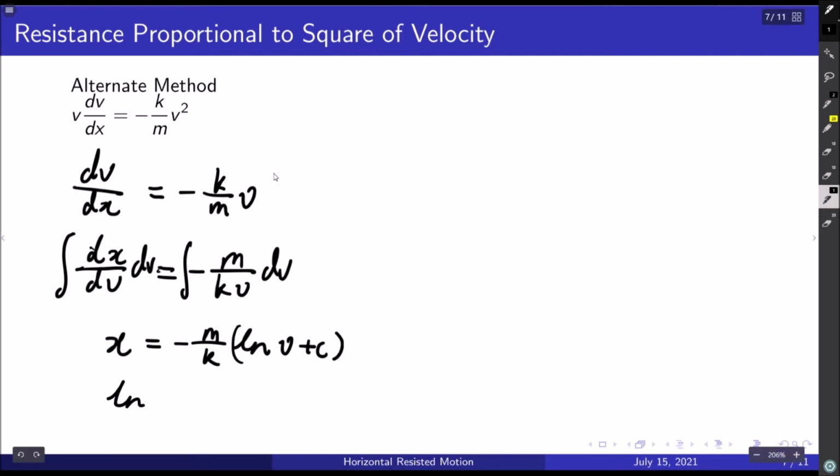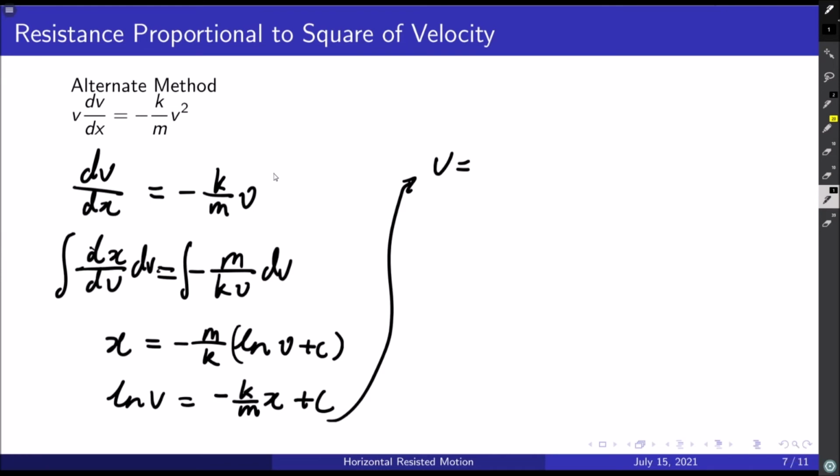Once again, we can simply rearrange everything. So log v equals negative k over m x plus c, and of course v equals e to the power of negative k over m x times e to the power of c.